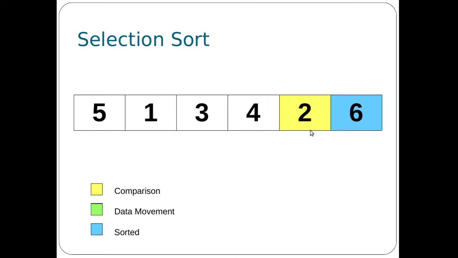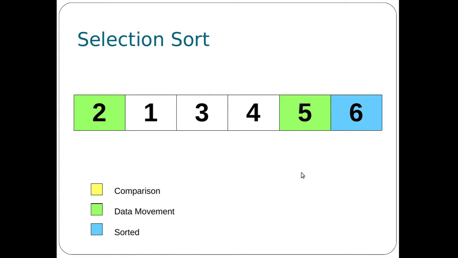So we have found the largest in the remaining unsorted list. The largest will point to 5. In these remaining unsorted elements, the largest value is 5. So we have to swap it with the element at the second last position. So swap it with 2, and that's it.